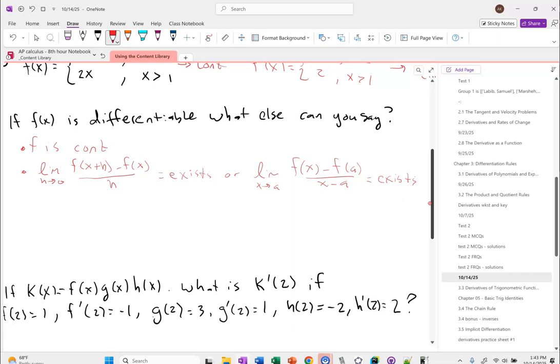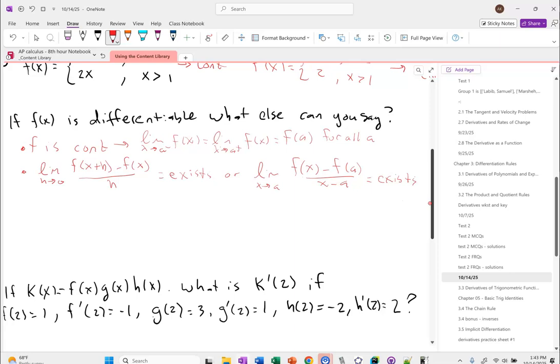What about continuity? What else does continuity give us? What's the definition of continuity? The limit as x approaches a from the left of f of x equals the limit as x approaches a from the right of f of x equals f of a, for all a.